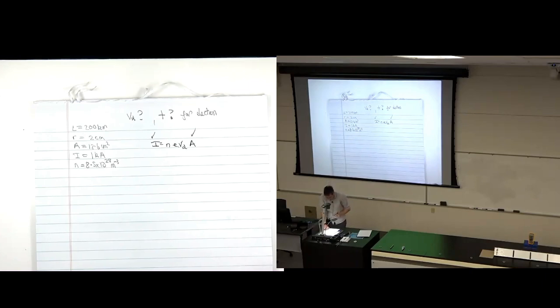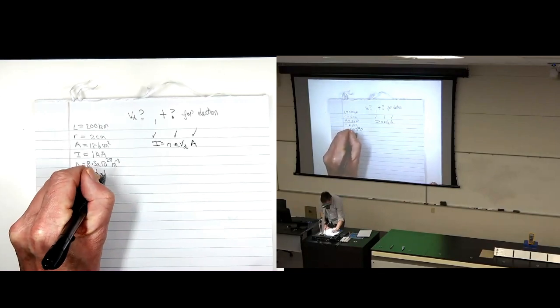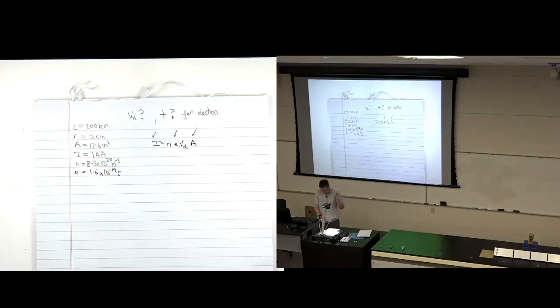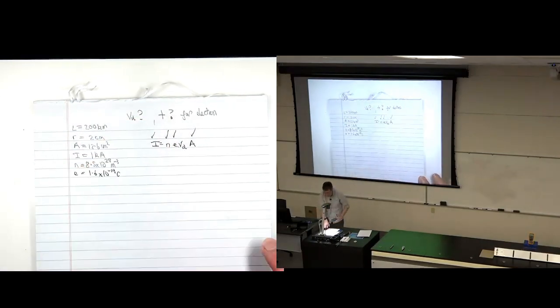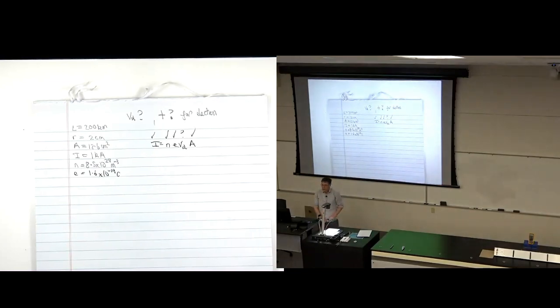We know the electronic charge. I didn't write that down actually, but I could. And we know the number of electrons per cubic meter. That's the n here. The only thing I don't know is the velocity of the electrons, the drift velocity, and that's what I said I wanted.